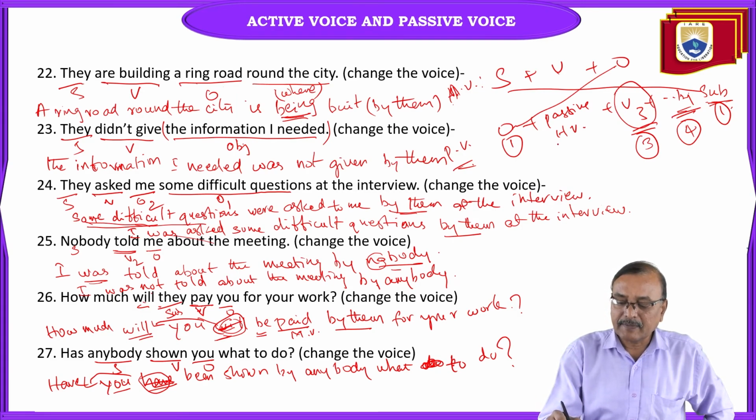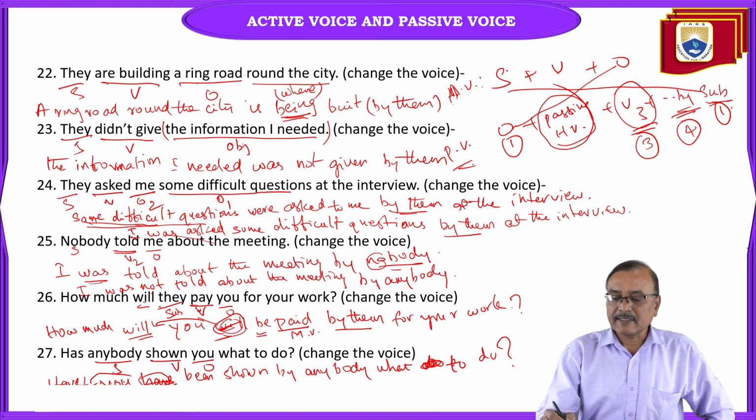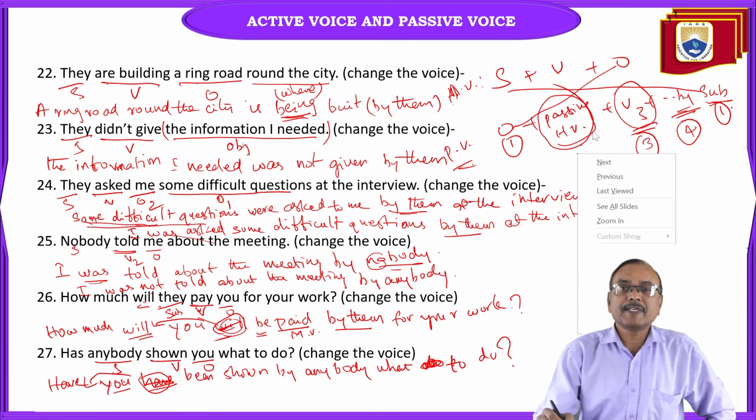The only thing you have to remember is the passive helping verb. What is that? For present tense it is is, am, are. For past tense, was, were. For future tense, be. For perfect tense, been. For continuous tense, being. For to infinitive, to be plus V3 form.